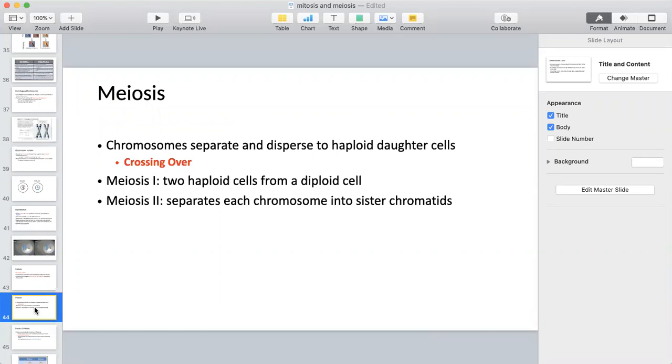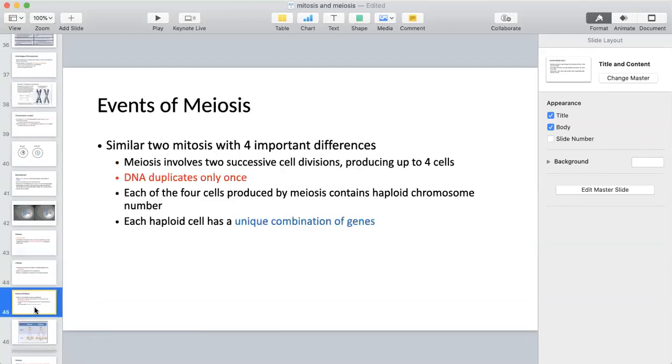We're going to have another successive round of cell division for meiosis 2, and we're separating these sister chromatids, and these sister chromatids are going to be dispersed across 4 daughter cells in meiosis. So the events of meiosis, as I just said, are very similar to those that you saw in mitosis, with 4 important differences.